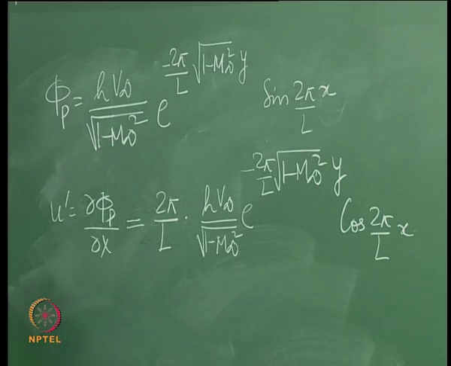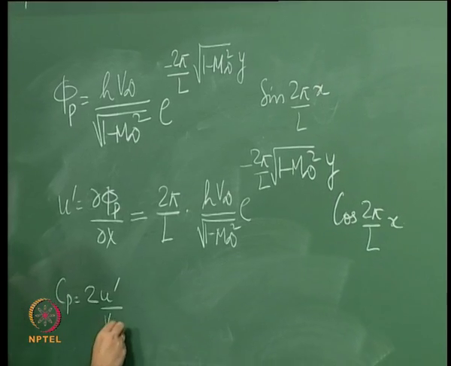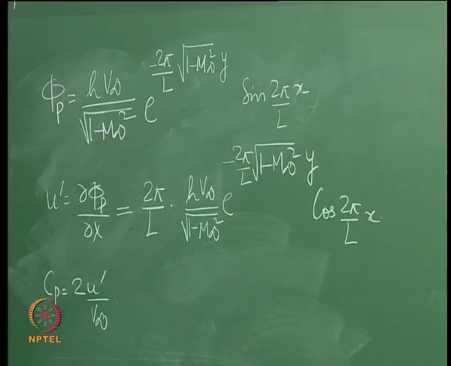So then our coefficient Cp is 2 into this, right. So Cp is 2 into u dash by this.